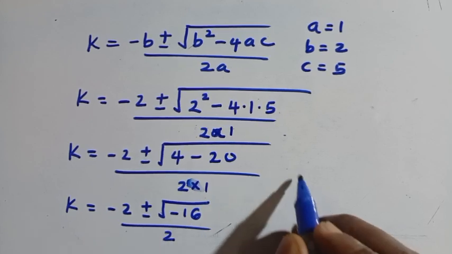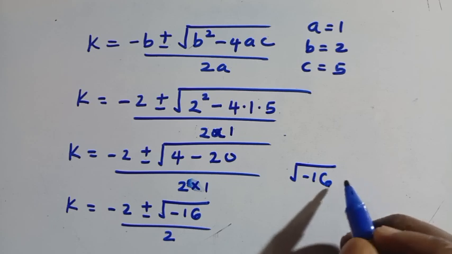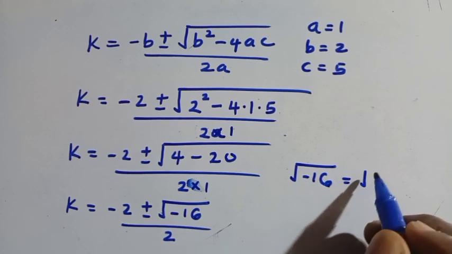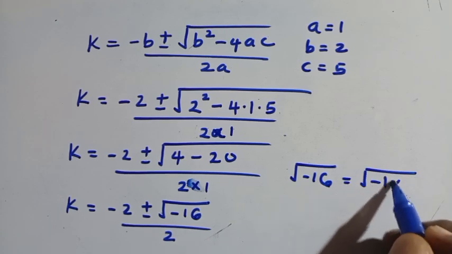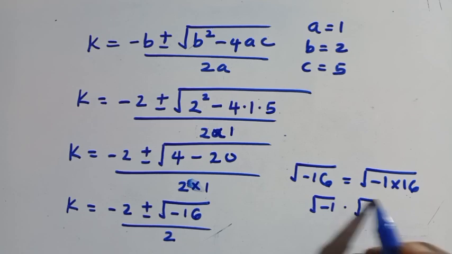But let's note that if you have square root of minus 16, it equals square root of minus 1 multiplied by 16. And square root of minus 1 times 16 is the same thing as square root of minus 1 multiplied by square root of 16.